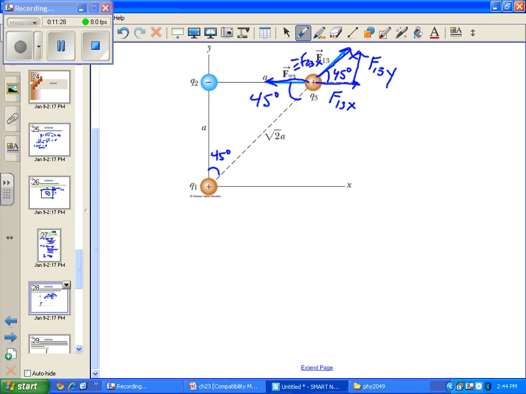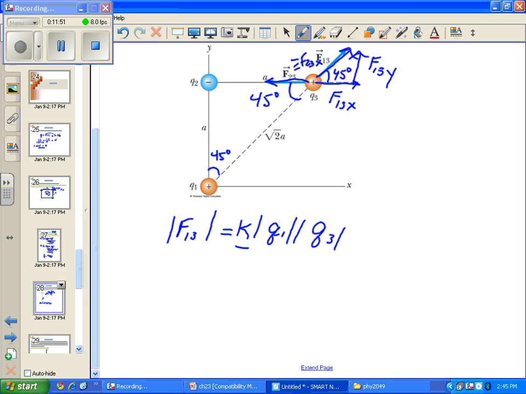Well, before we actually get any of the components, let's go ahead and work out the magnitudes of these forces. Let's begin with the magnitude of F13. F13 magnitude equals K times the magnitude of Q1 times the magnitude of Q3 divided by the distance between Q1 and Q3.